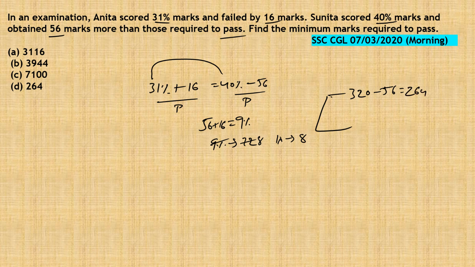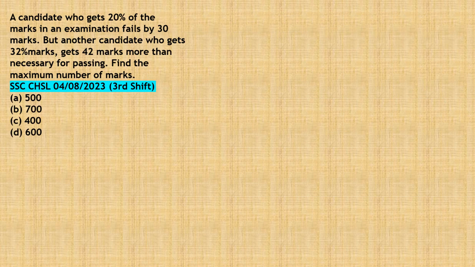We can also do it with 31%: 8 into 31 is 248, plus 16, that is 264. Option D is the answer.